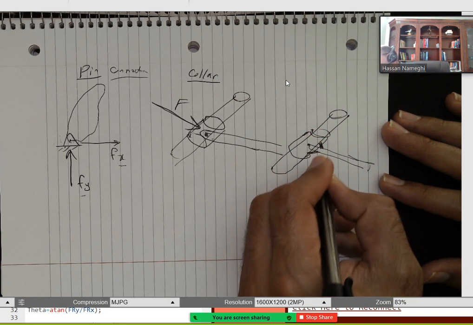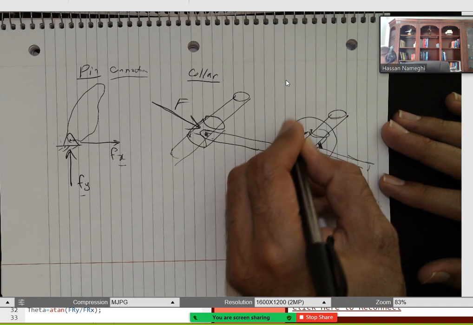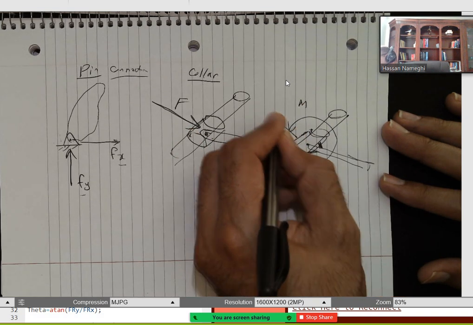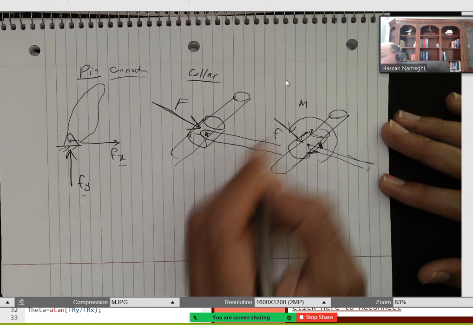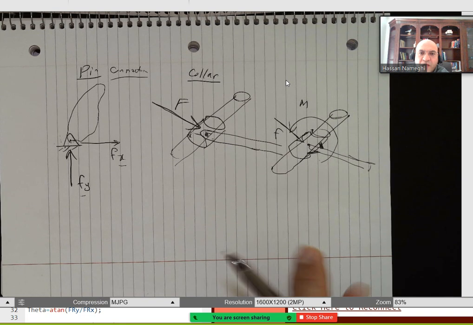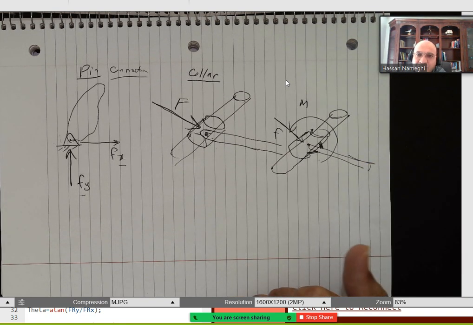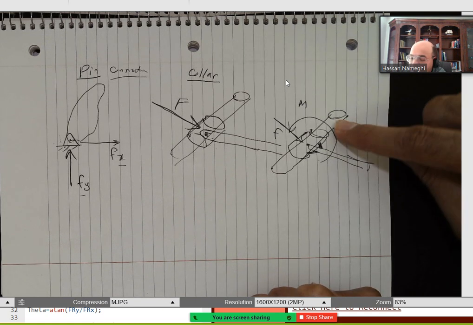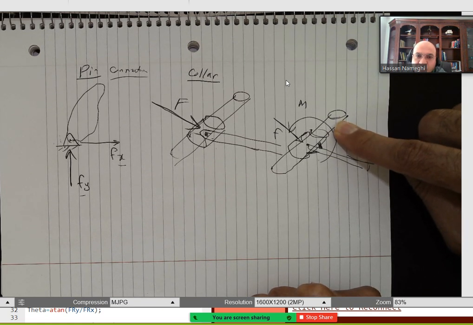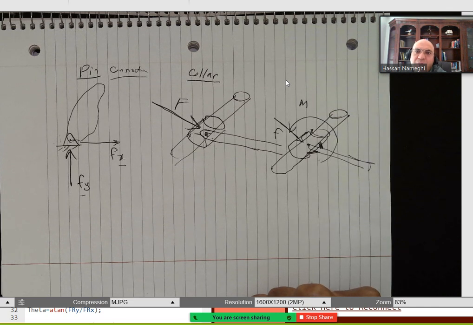If you cannot rotate the handle, you're going to have a reaction moment here, and along with that, force. So losing degrees of freedom. You cannot rotate, there's a reaction moment. This thing, it can move up and down, but it cannot move perpendicular to it. Losing 2 degrees of freedom.